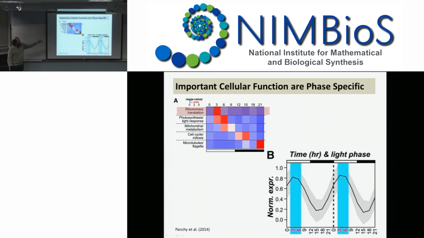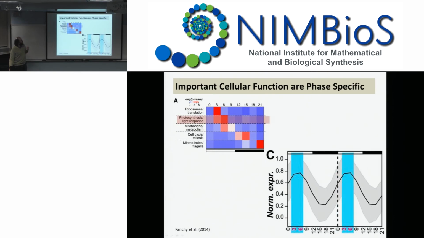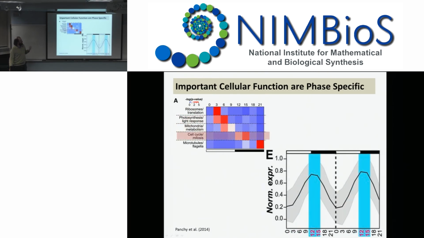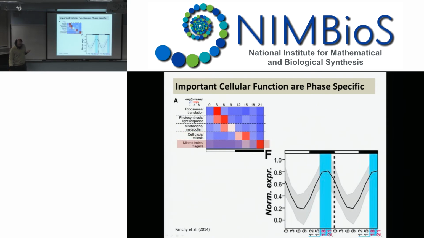And although there's a lot of variance in that expression, the gray bar here represents ±1 standard deviation, in general, the predicted phase is where these groups peak. So we not only see functional enrichment, the phase is actually a pretty good predictor of the general behavior of these gene functions.